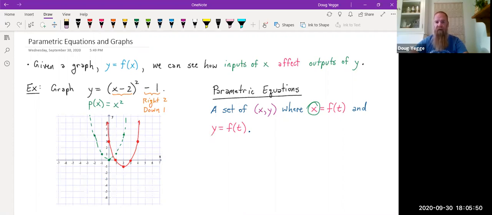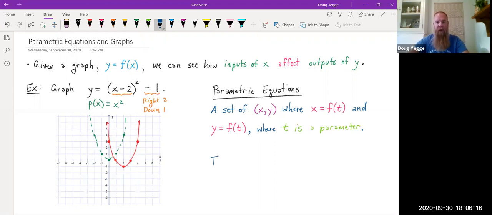Sometimes the t could just be some other random parameter. So that's why we refer to t as a parameter. It's not really a variable, it's just basically saying that at given values of t, we're going to get given values of x and y.